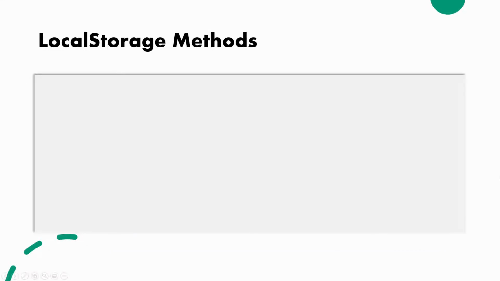So what are some local storage methods? We have the key method, which is a function that takes in an index number as the argument, and this function will return the name of the key at that specific index. For example, if you do key(0), it will return the name of the key at the first position in your local storage.